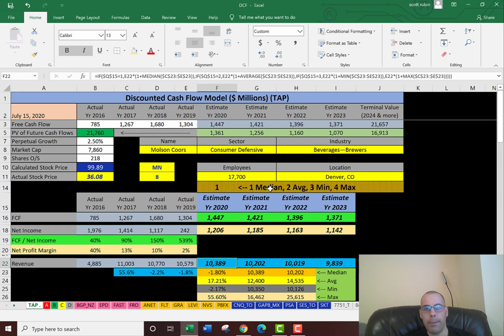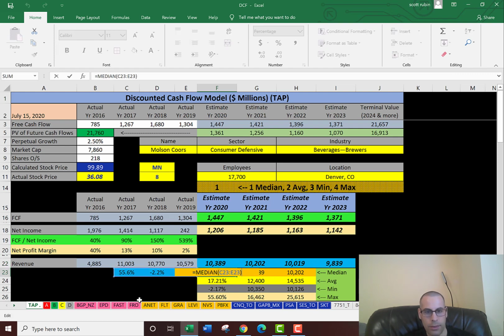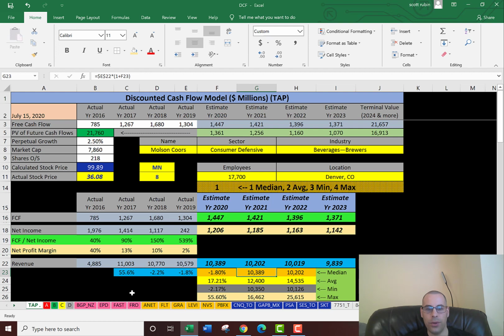So in the median model, all I did was I took the median change, which is negative 1.8, because median is just the middle number. And the way I forecasted the 2020 revenue was I took the 10.5 billion, which is this formula right here, 10.5 billion times 1 plus the median, and that comes out to 10.4 billion.